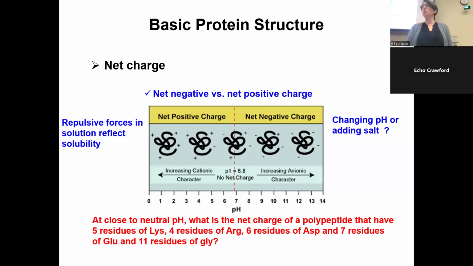These are negatively charged, so that's -13. And glycine carries no charge at pH 7, so -4. That's just to illustrate that when you say net charge, it's adding all your charges and what ends up being the total charge. Okay.